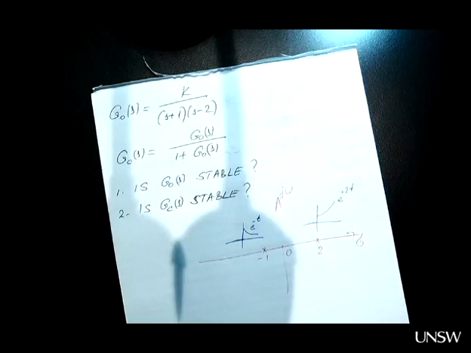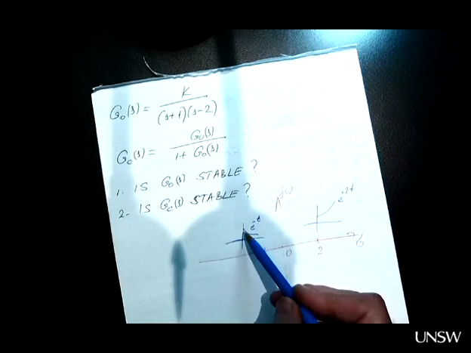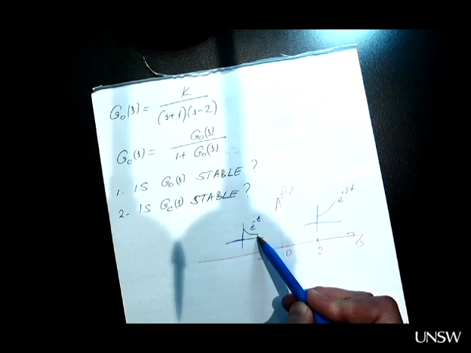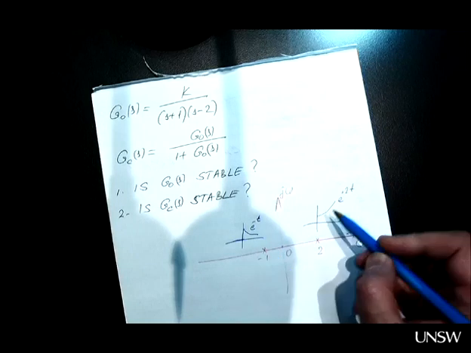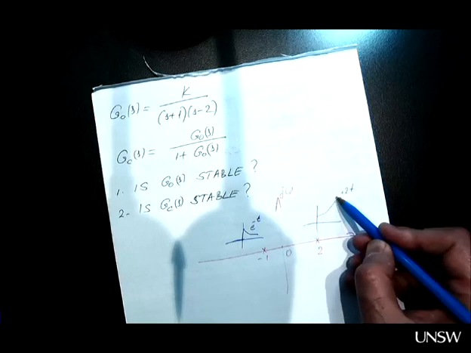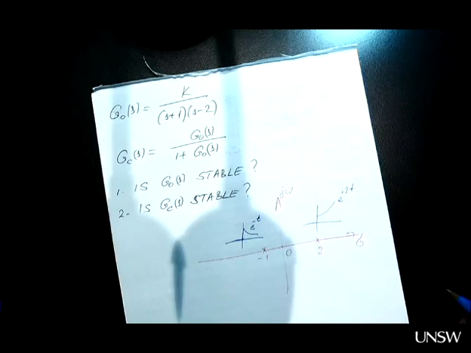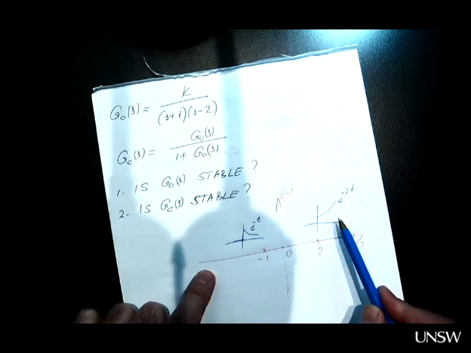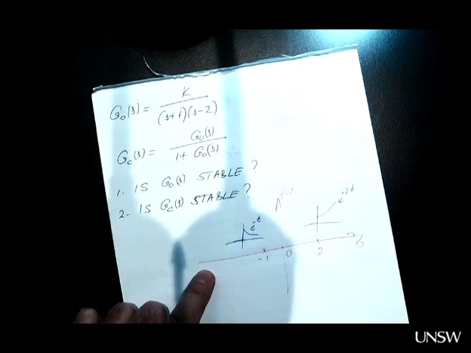So as the time approaches infinity, this stable component of the system becomes less and less relevant because the response is getting to 0. This one is the dominant one because the response is going to infinity, becoming bigger and bigger. So no matter how many stable poles you have on the left-hand side, the one on the right-hand side will dominate the response. So that's why only one unstable pole will make the whole system unstable.